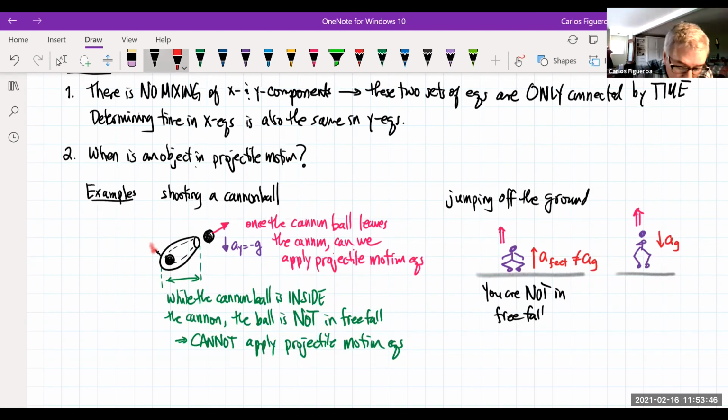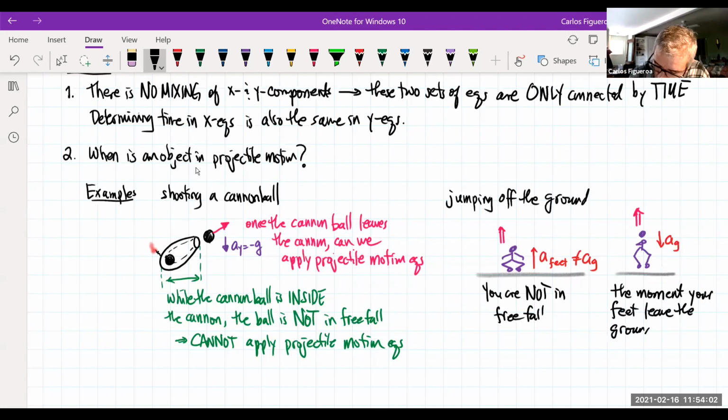So what we say is that the moment your feet leave the ground, you are in free fall, and therefore I can apply my projectile motion equations. Now note that this is just vertically, but you could imagine that somebody's running horizontally and then jumps. And that's really the situation that I'm talking about.